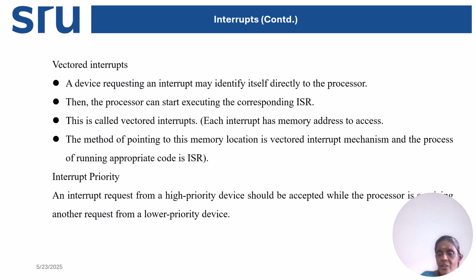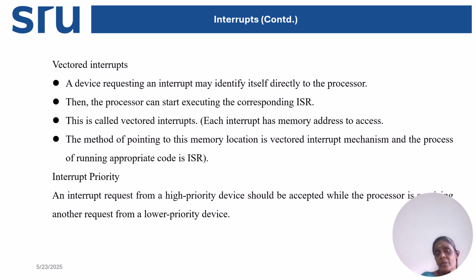It has to convey its original address of what it is, and then the processor can start executing the corresponding ISR, because all the devices will have a particular location for their ISR. Suppose for input devices there is one particular location, and for output devices some other particular location. This is called vectored interrupt.